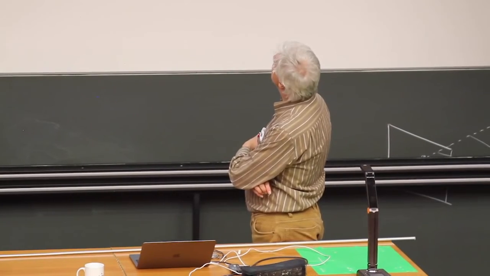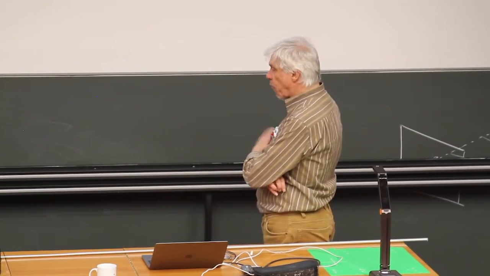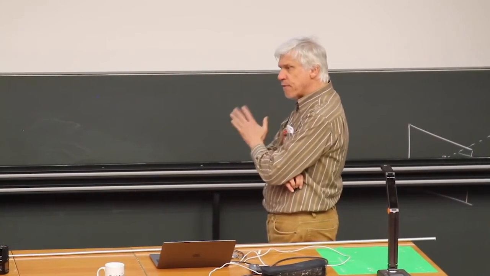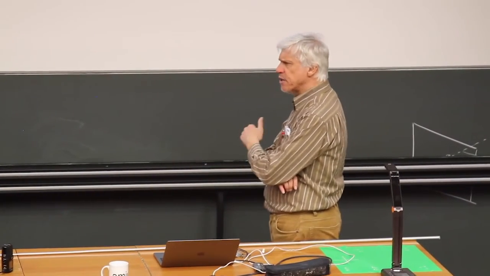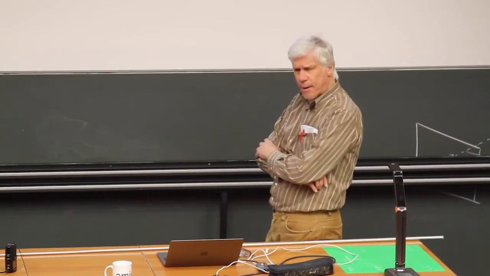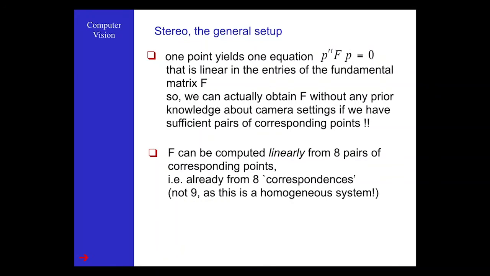Now, that opens the hope that from correspondences actually you can get F as well without knowing the camera parameters, external or internal, doesn't matter. How many point pairs would you have to use? Well, the answer is 8.